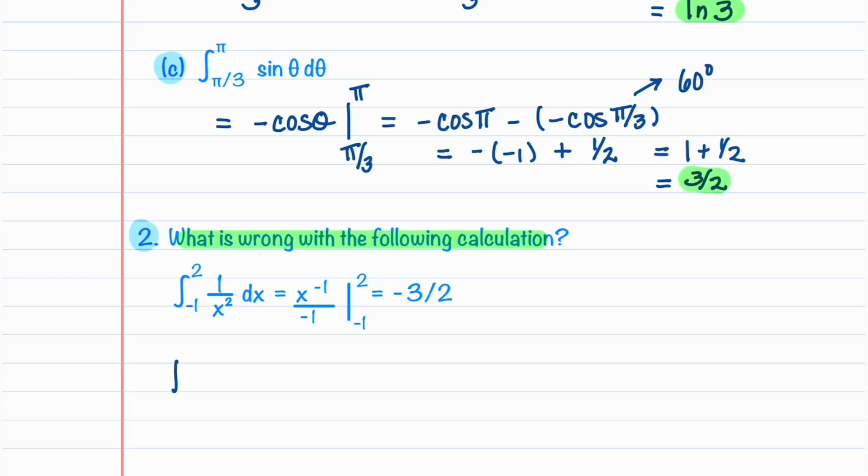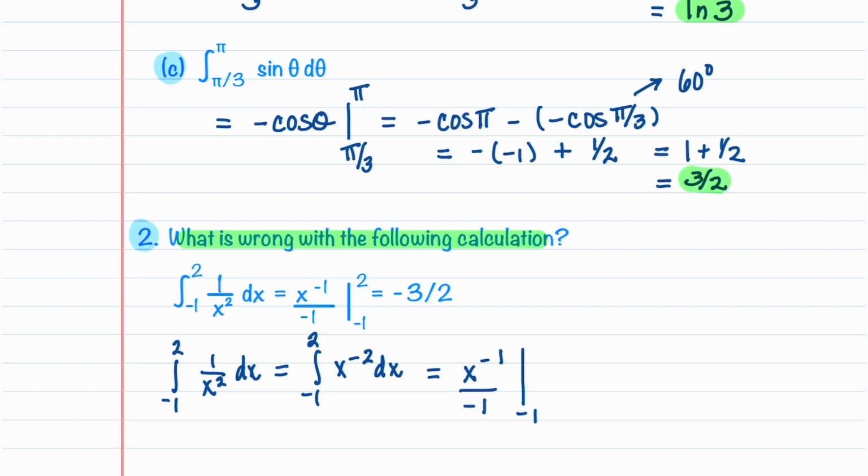If we have the integral from minus 1 to 2 of 1 over x squared dx, this is just the integral from minus 1 to 2 of x to the minus 2 dx. We can then write down the antiderivative. We're going to add 1 and subtract by what we get. And we're going to evaluate this from minus 1 to 2. So that's exactly what that middle step showed.